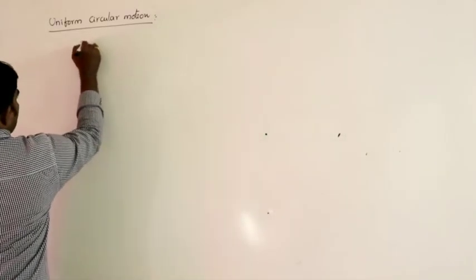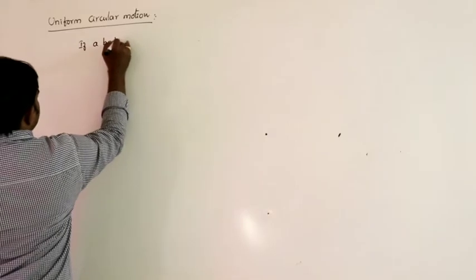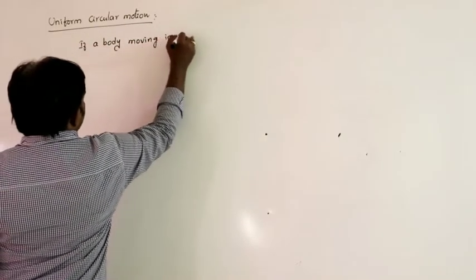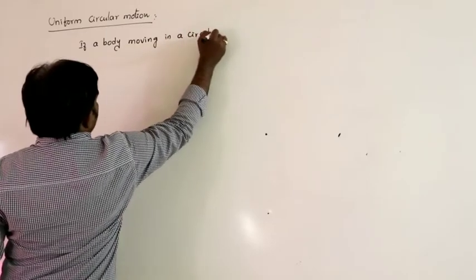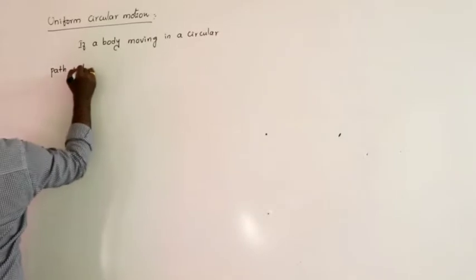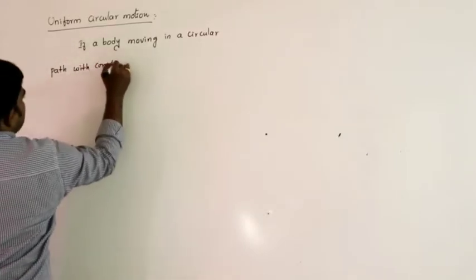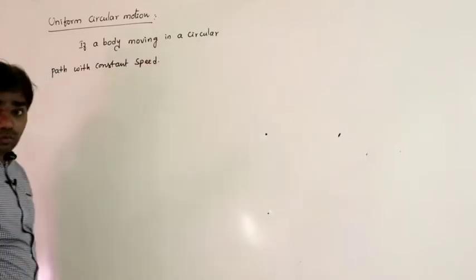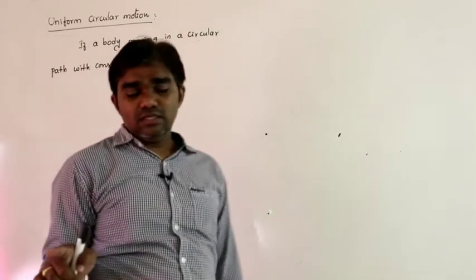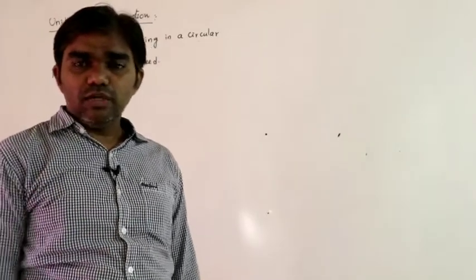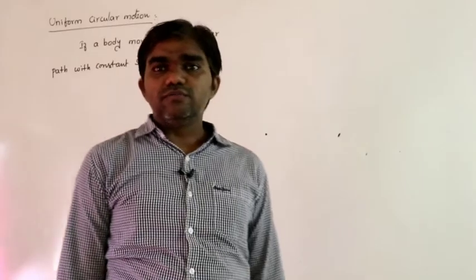So uniform circular motion means if a body is moving in a circular path with constant speed. Don't say constant velocity. Any body performing circular path with constant speed is only called uniform circular motion.